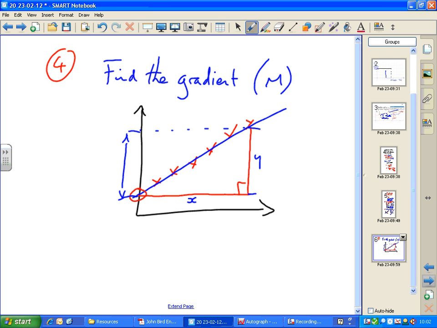So if you started at this point, then that makes it nice and convenient because this is 0, but you don't have to. And again, you need to go to this point and find this value, and then the x distance is from here to here. So that's your x distance, y distance. And then the gradient is just y divided by x. How far you go up divided by how far you go along.